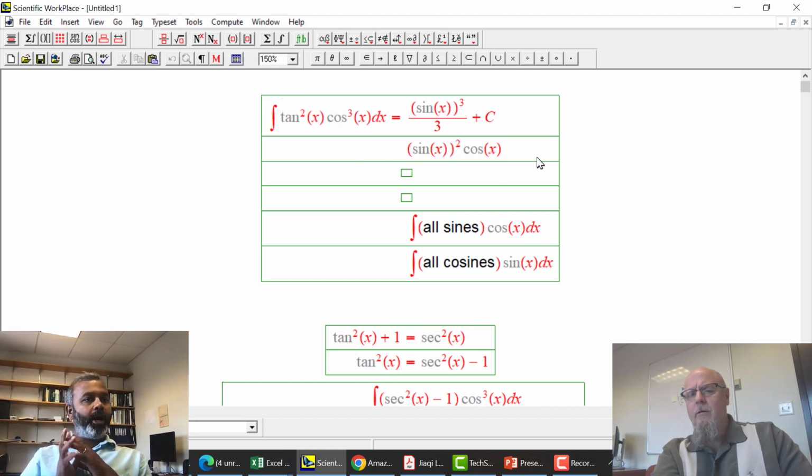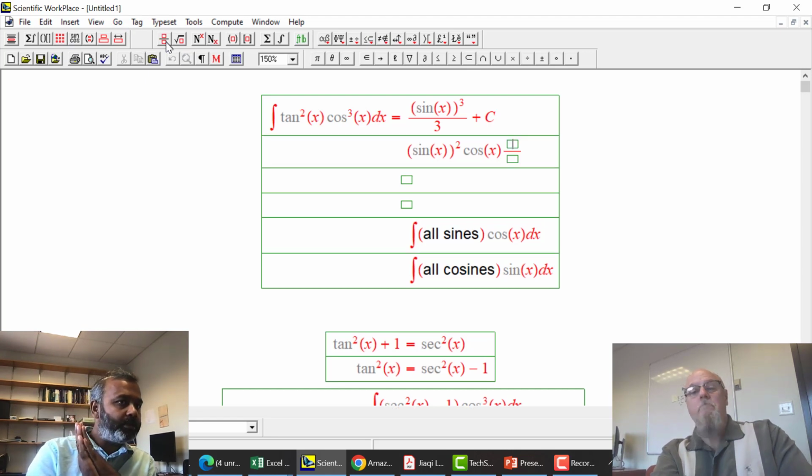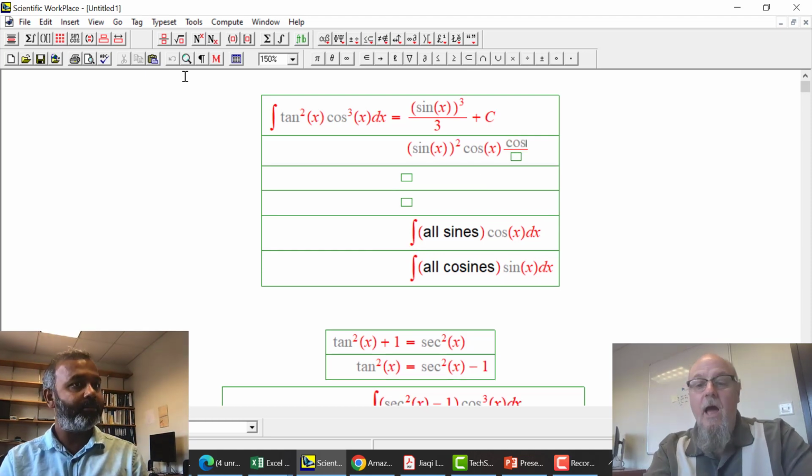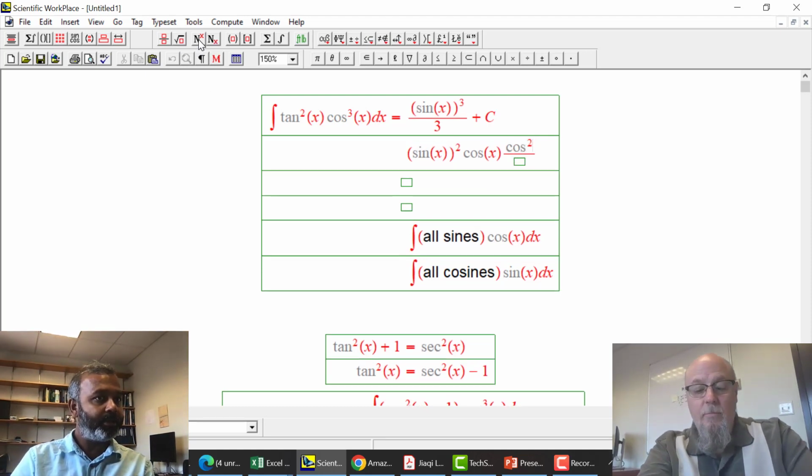The way I'm thinking of it, we have a sine square there, so we could replace that with 1 minus cosine square. Or maybe multiply and divide by cosine square. I think I agree with you there. That would essentially be multiplying by 1.